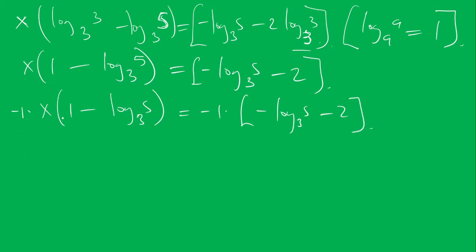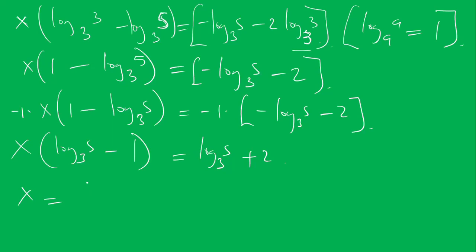If you multiply minus 1 to this, you now have x times in parentheses log 5 base 3 minus 1 is equal to log 5 base 3 plus 2. So x will now be log 5 base 3 plus 2 divided by log 5 base 3 minus 1.